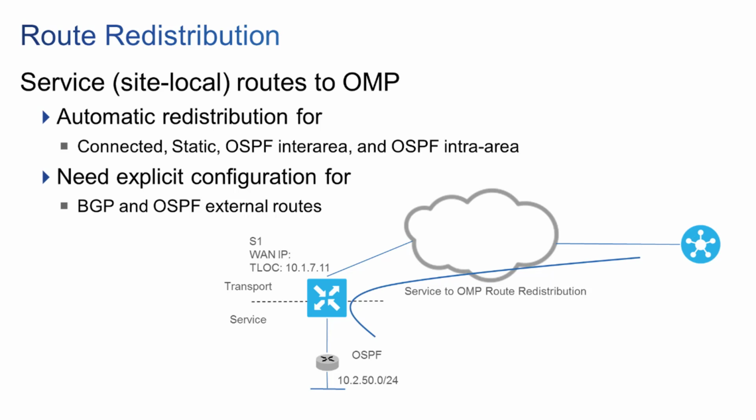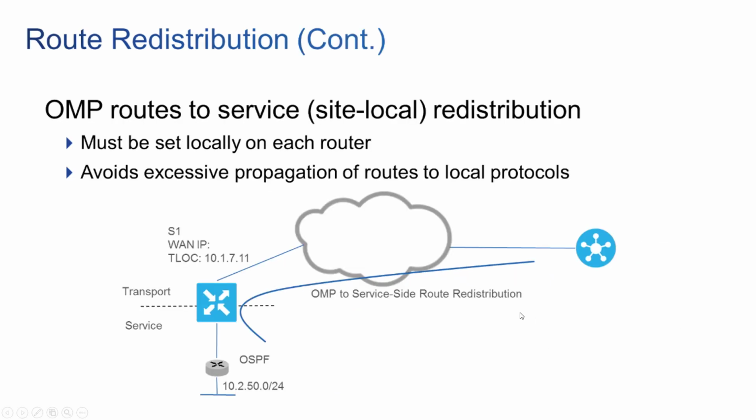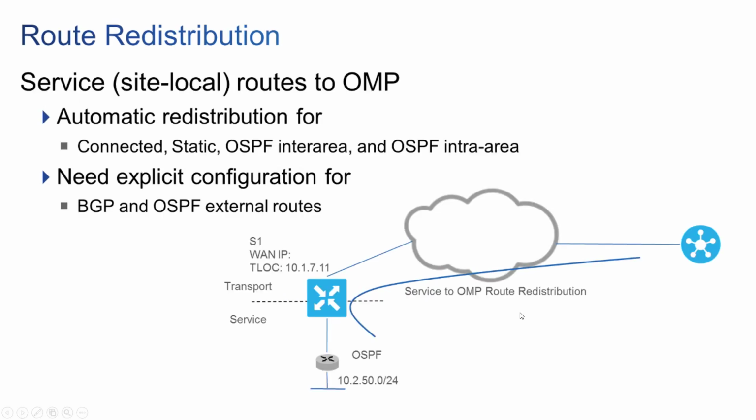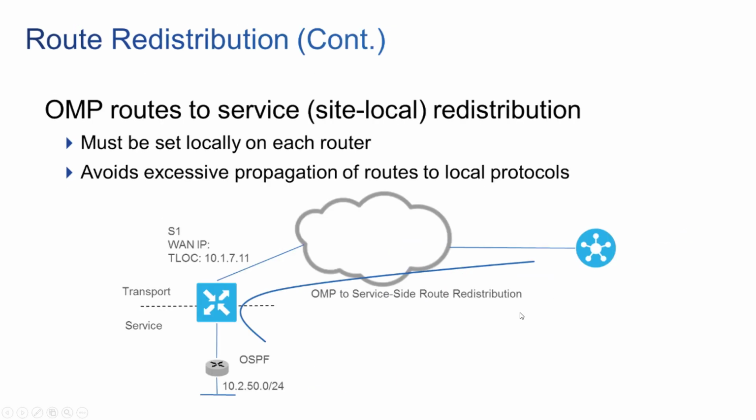One of the things that happens in this process of redistribution is that OMP sets what we call the origin type for a particular route. But before we get into that, I just want to make sure that we hit all these different slides. We're going to see the origin type slide in a minute.